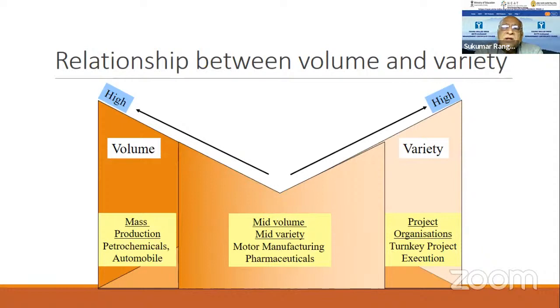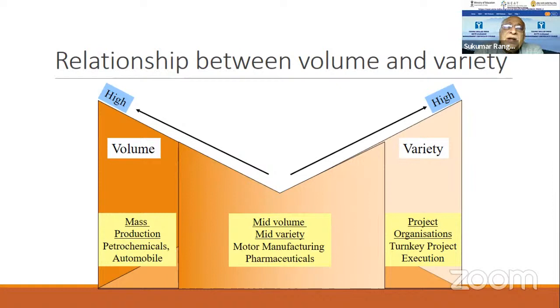So there is mid volume and mid variety, unless you are producing something like Discrete. We have Reckitt Benckiser in Mysore, which produces Discrete. That is a single product mass produced in millions. But other than that, most pharma companies have mid volume, mid variety production.